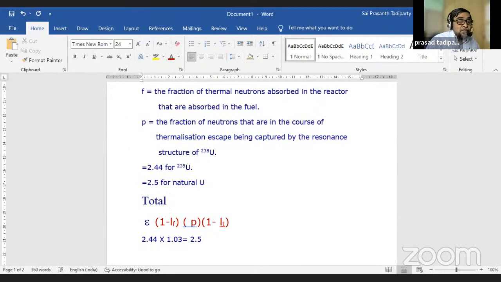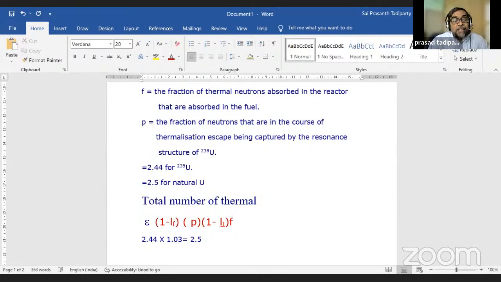Total number of thermal neutrons, so many thermal neutrons will remain. Next we will consider the thermal utilization factor, that is F. A fraction of thermal neutrons are lost by capture by other materials present in the reactor environment.